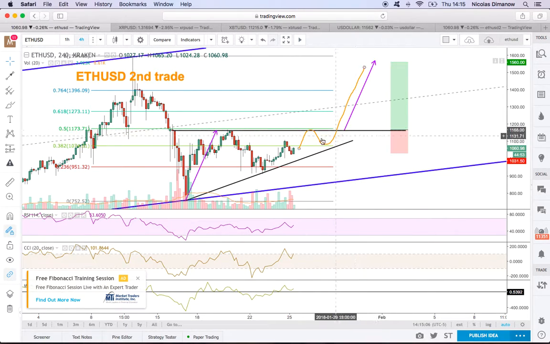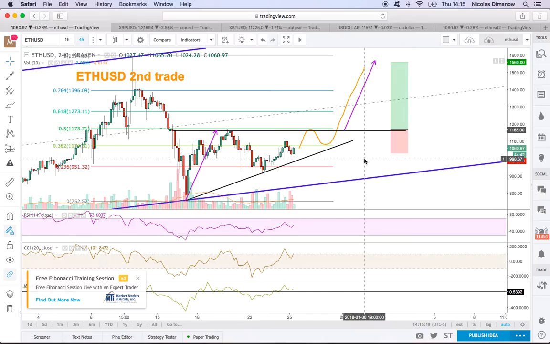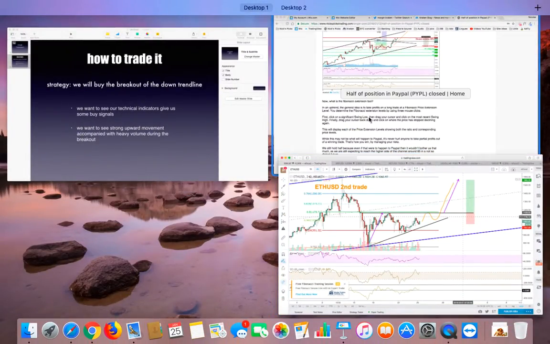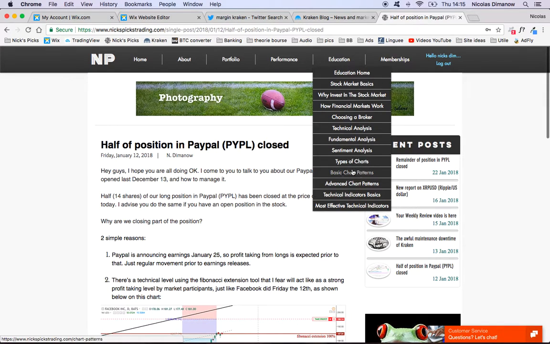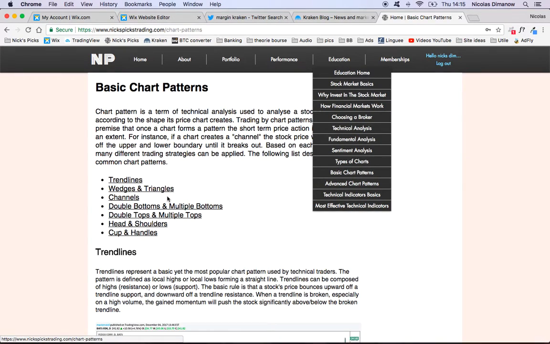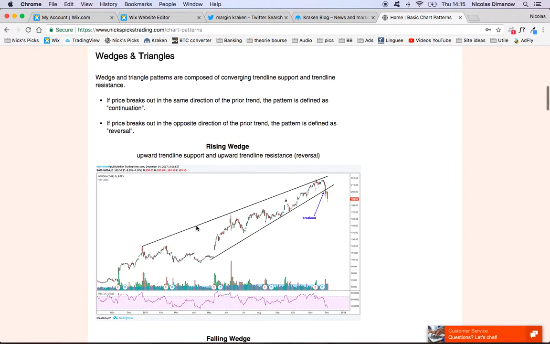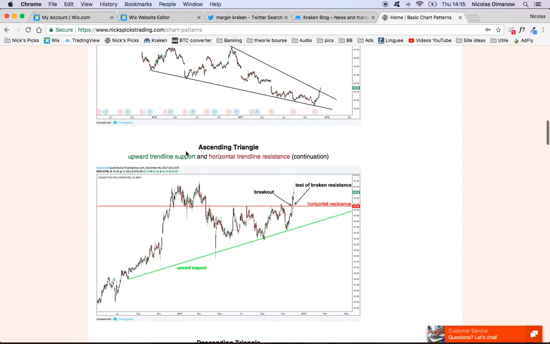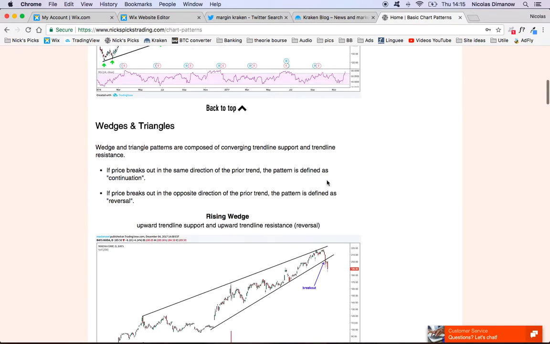As you can see, we're going to wait for the pattern to be completed, and we're going to try to buy the breakout here of the ascending triangle. So you can see, as always, on my site, on the education section, you can go on basic chart patterns, go on wedges and triangles, and you get a bunch of nice examples on all those chart patterns.